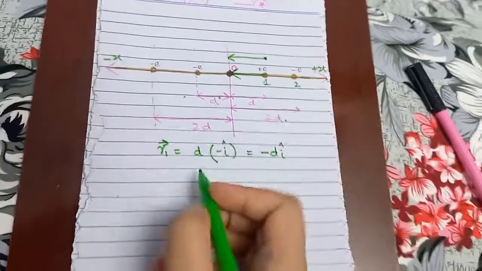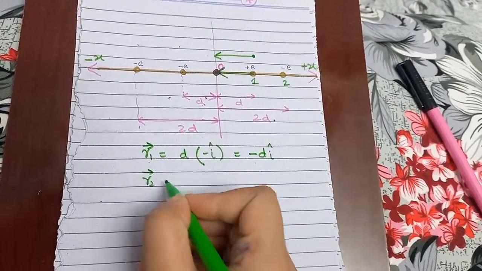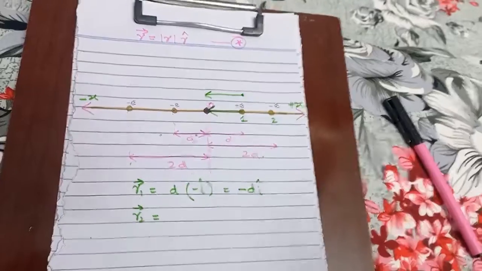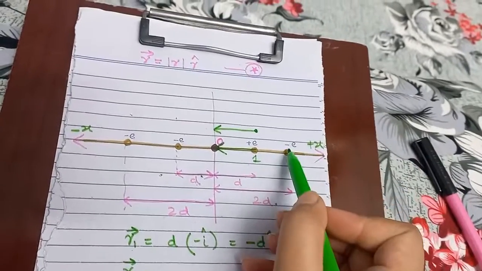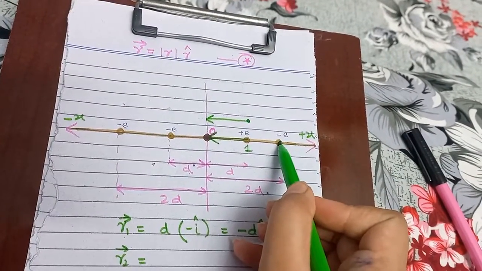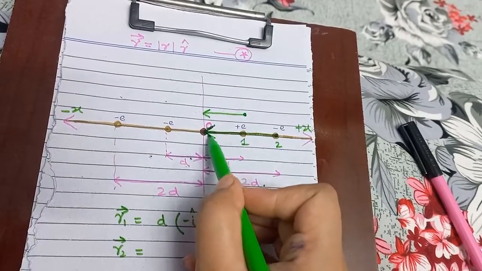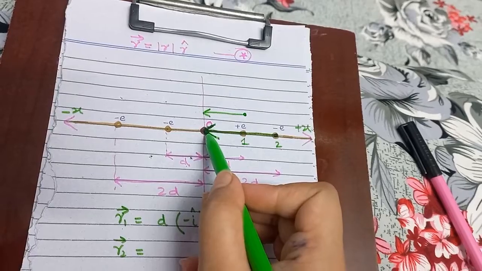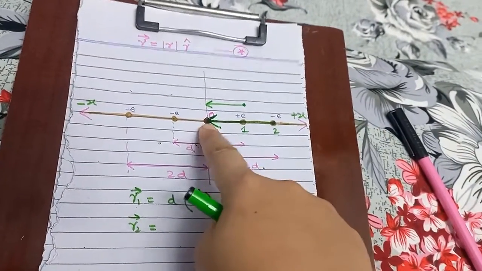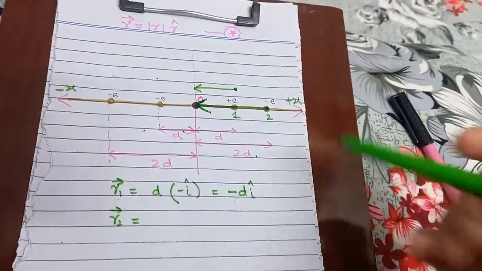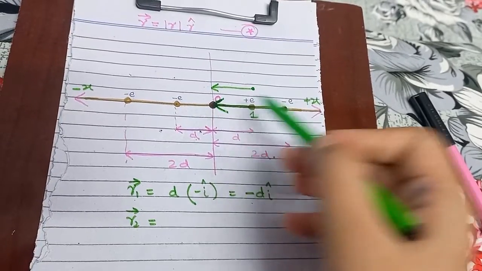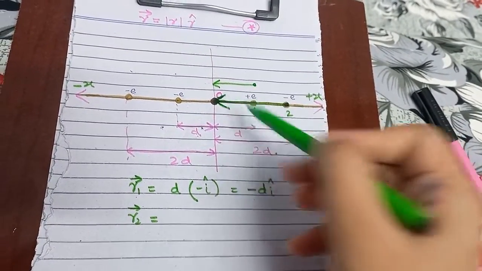Now for the second one, the r2 vector. This is a similar case. For the r2 vector, the starting point is this one and the end point is the central object, as I told earlier, and the magnitude is 2d here.